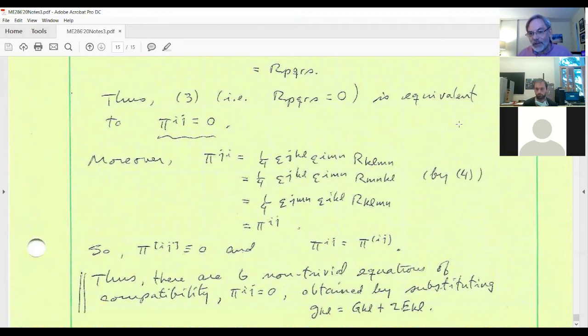You cannot have a stress-free global configuration. So dislocations induce stress simply by virtue of compatibility. We'll talk about that in the near future.